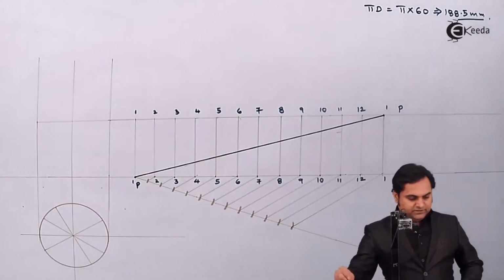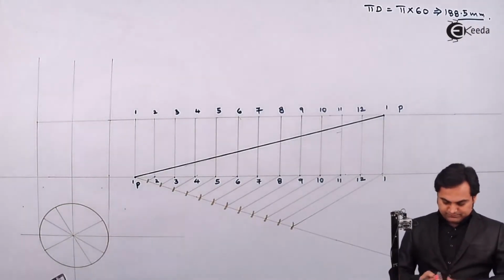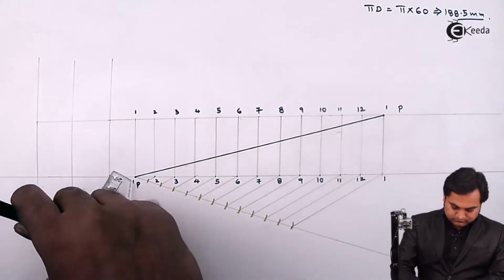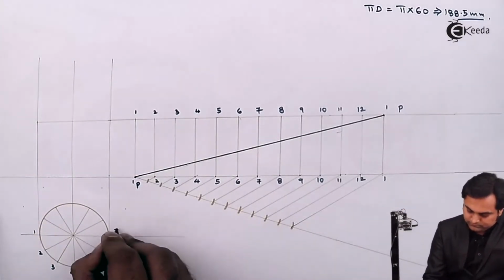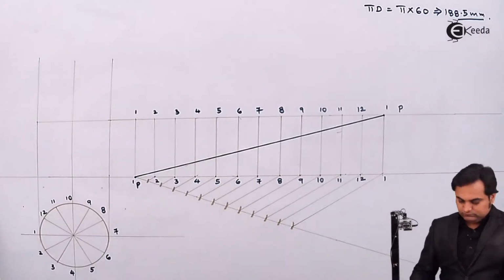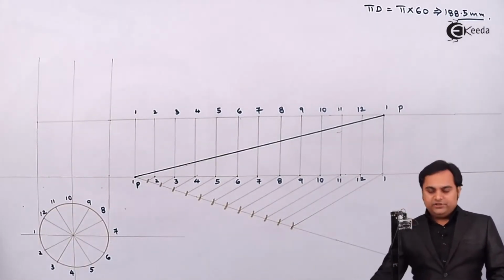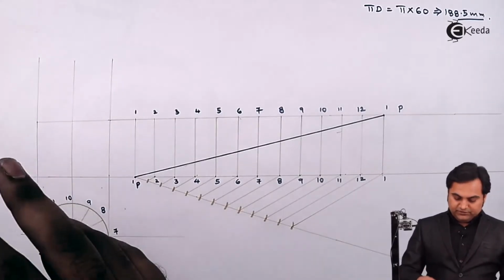So here I am dividing the circle into 12 equal parts. So after dividing it into 12 equal parts, I'll transfer the notations up.